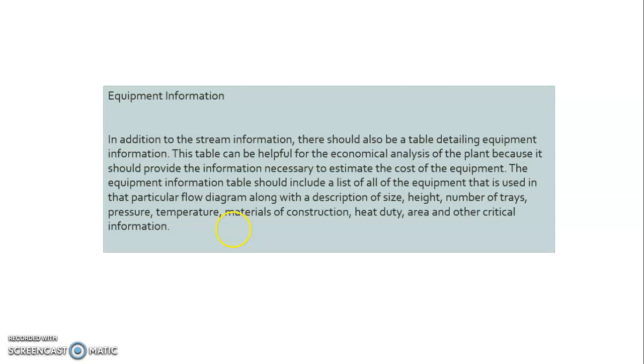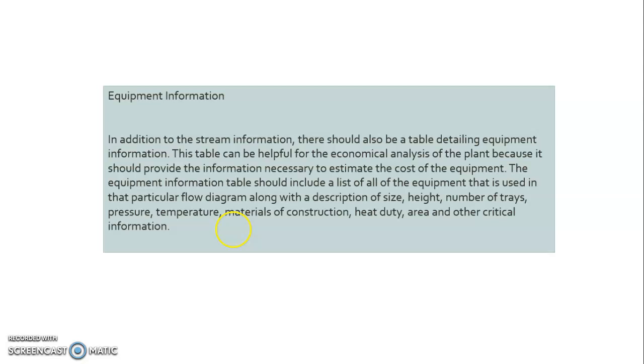and then for equipment information, in addition to the stream information, there should also be a table. It means in the PFD you should provide a table detailing equipment information. Okay, this table can be helpful for economic analysis. Why? Because different designs of, let's say, heat exchanger or drum or vessel have different economic values.